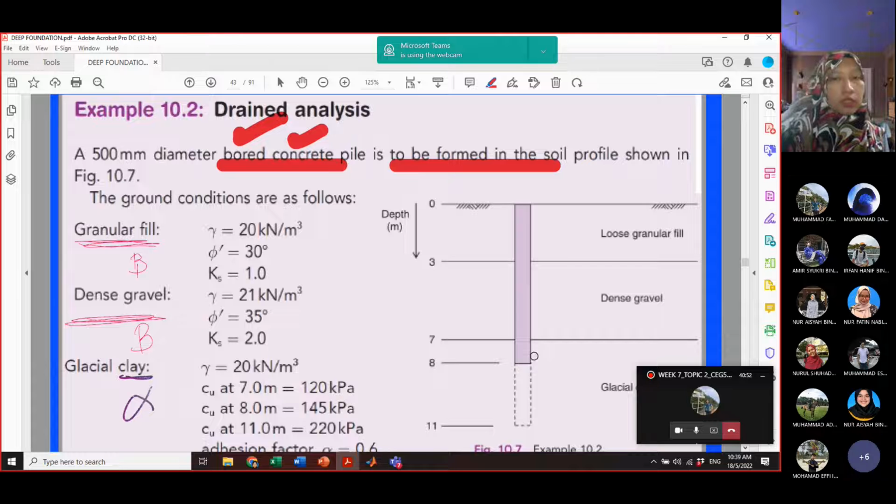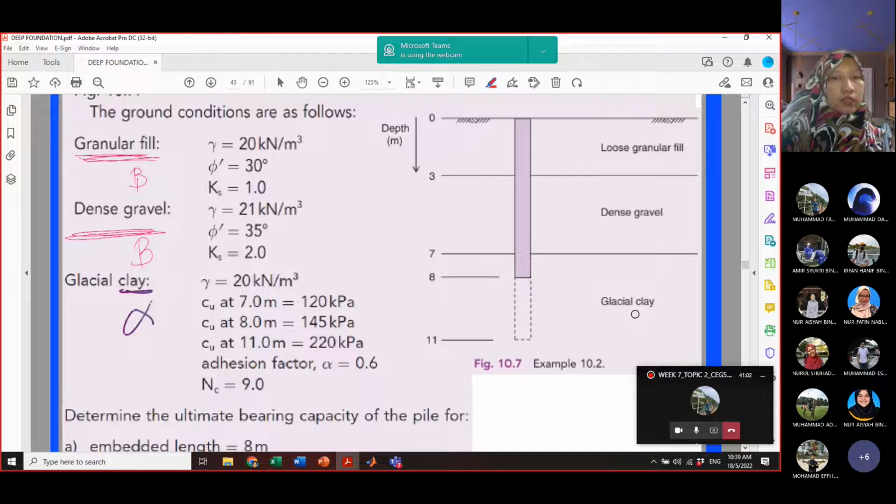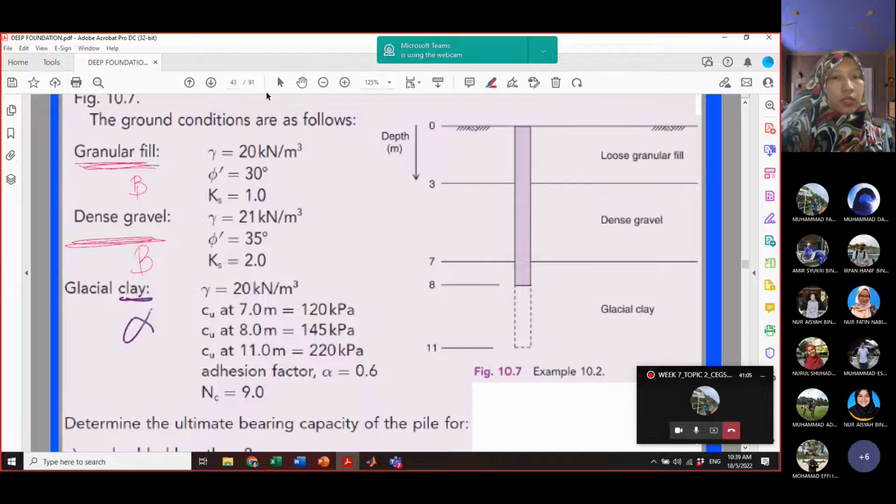That's why at this particular time, take this example, you have multiple layers of soil consisting of granular fill, then you have dense gravel and you also have a glacial clay. All our information is given here for the different soil properties of each layer. So you will see the properties are not the same between the fill, gravel and clay.